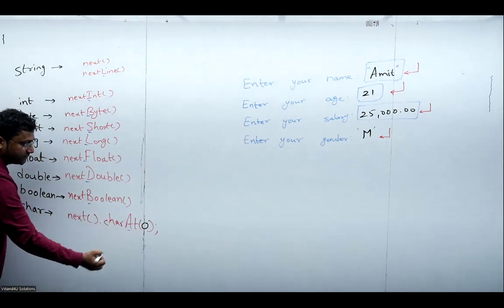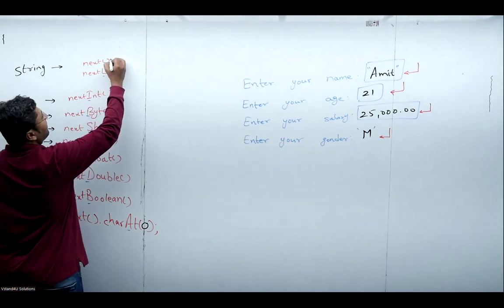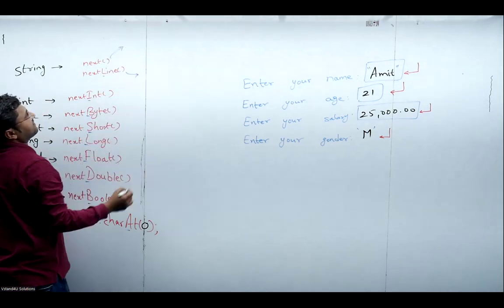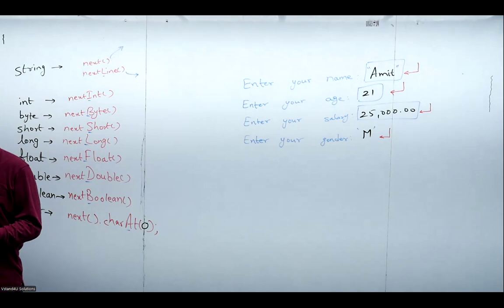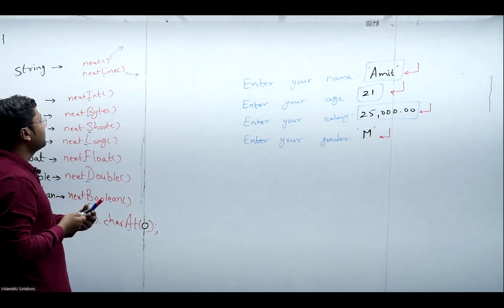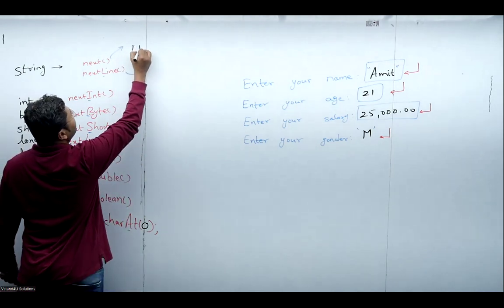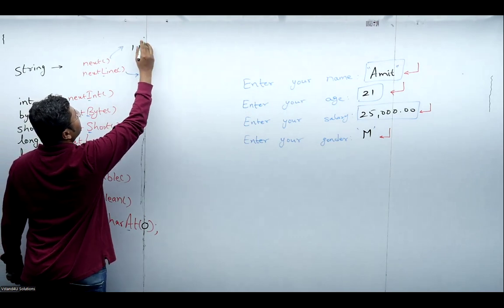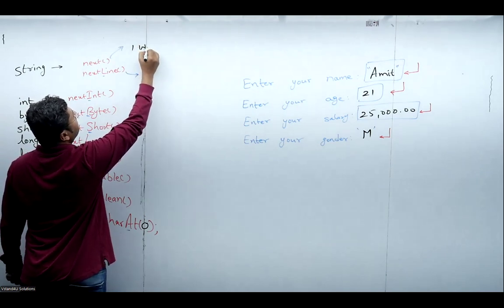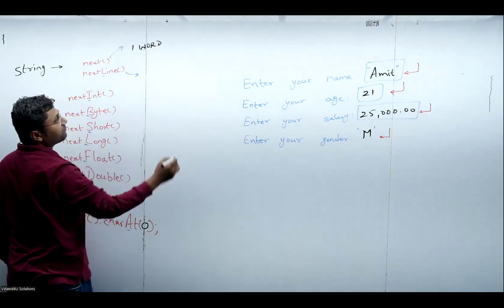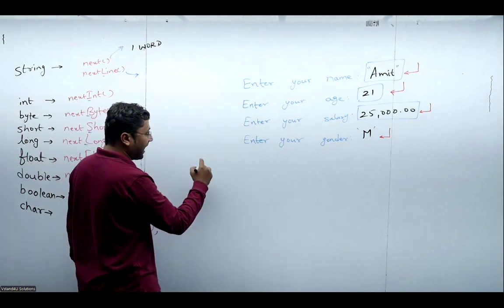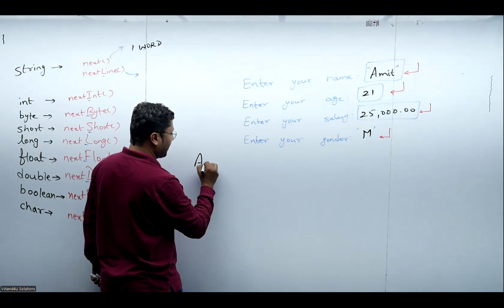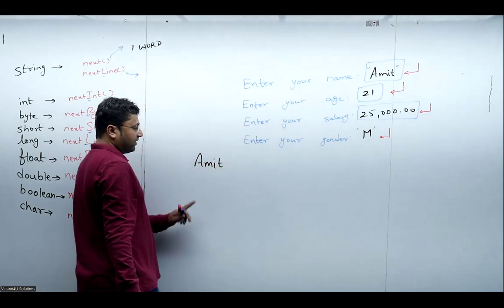Are you with me? And let me tell you the difference between next and nextLine. Okay, now pay attention. Sir, if you want one word as the input, one word means, say for example, I'm asking you to enter your name. If you are giving Amit, one word is there.